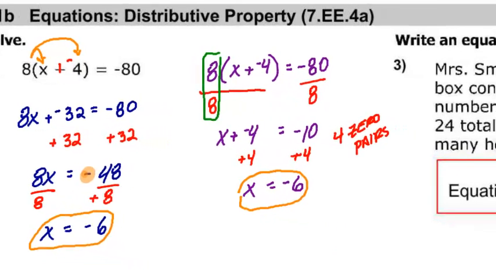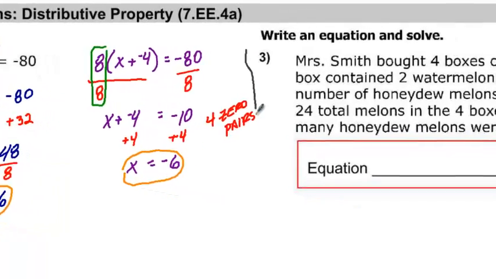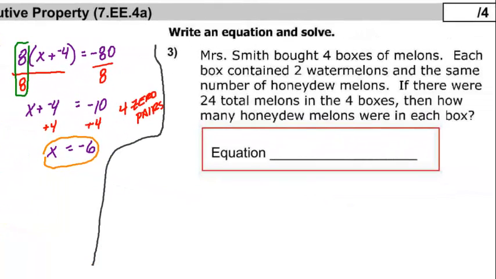Okay, let's move over to problem number 3. Give myself some extra workspace. So in problem number 3, Mrs. Smith bought 4 boxes of melons. Each box contains 2 watermelons and the same number of honeydew melons. If there were 24 melons in the 4 boxes, how many honeydew melons were there?